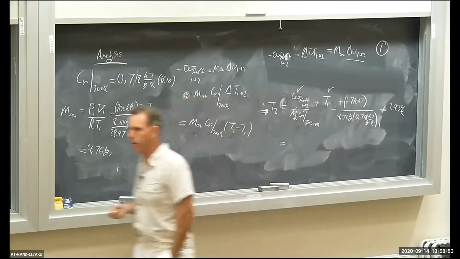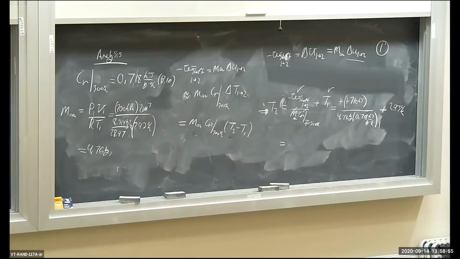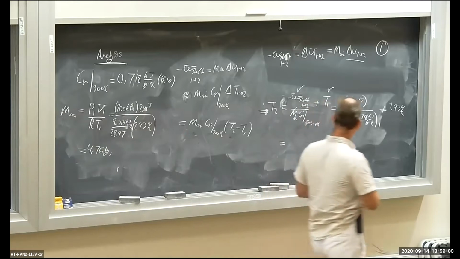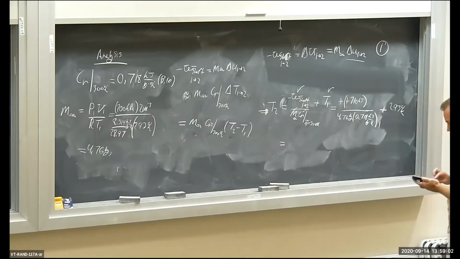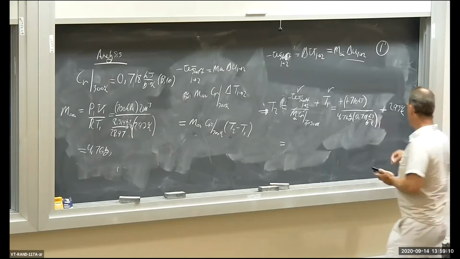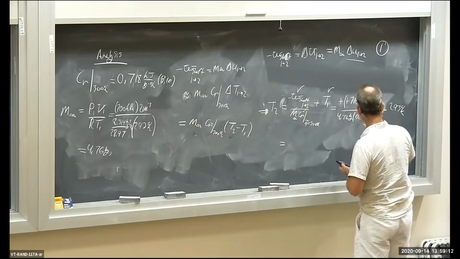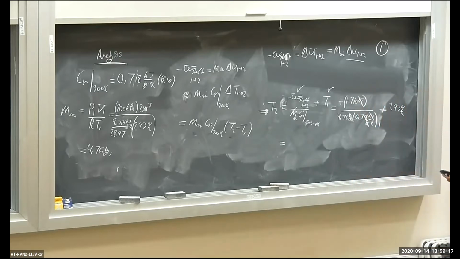Okay, let's crank that out. Let's see here. 710. Be a little careful here. Yeah, the kilojoules are going to cancel out. Just check the units here. Kilograms cancel out, and I'll get degrees Kelvin there. So divide by 4.76 times 0.718 plus 293.